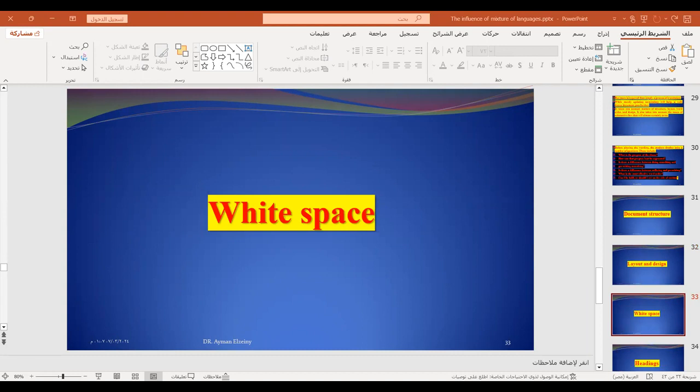Why? Because white spaces present readers with uncluttered pages, encouraging progress through the document. In particular, break up blocks of text.